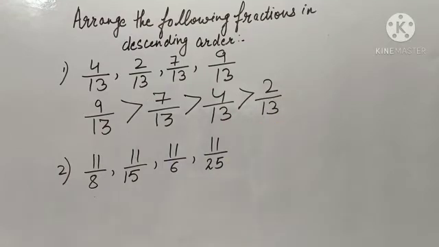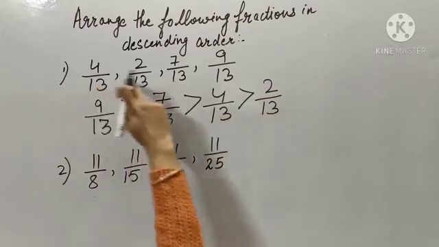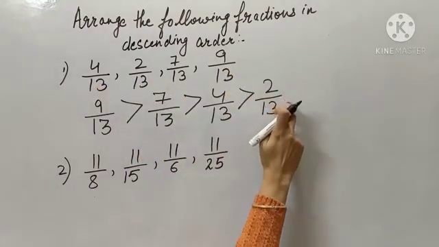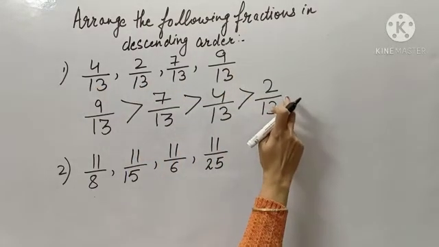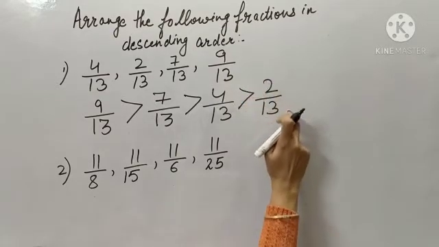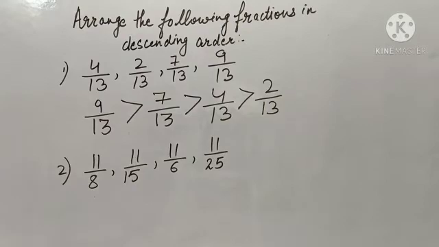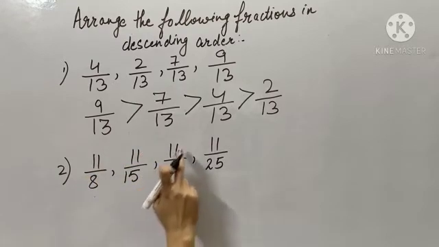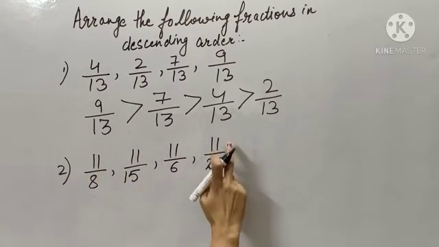Why? Because among all the fractions, this fraction has the numerator 2. So 2 upon 13 represents the smallest fraction. Understood? Okay.